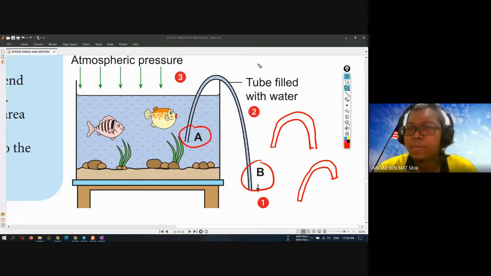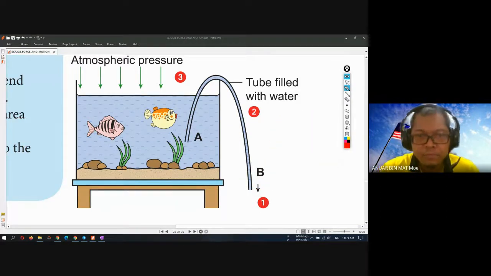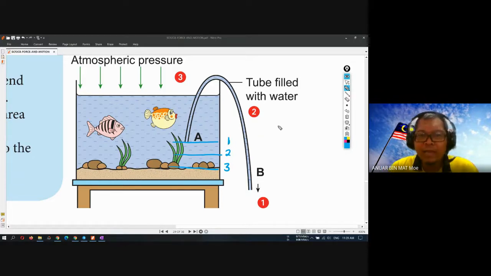Right. My question: where will the water stop flowing? Number 1, number 2, or number 3? The water will stop flowing at number 1, number 2, or number 3?